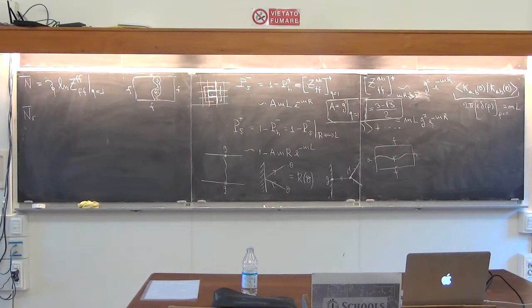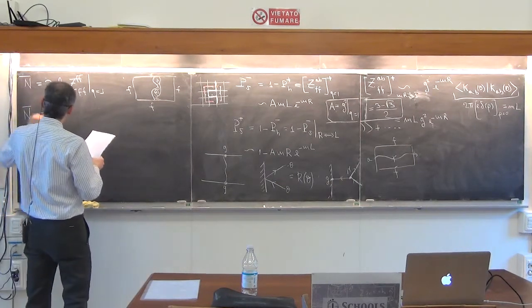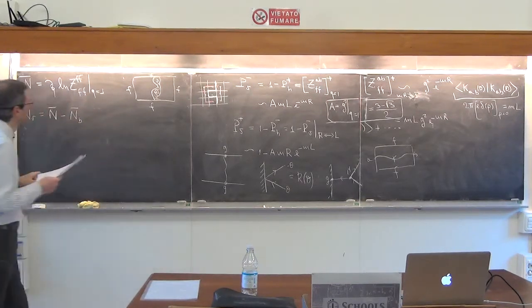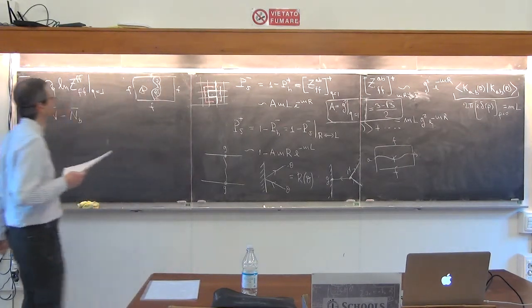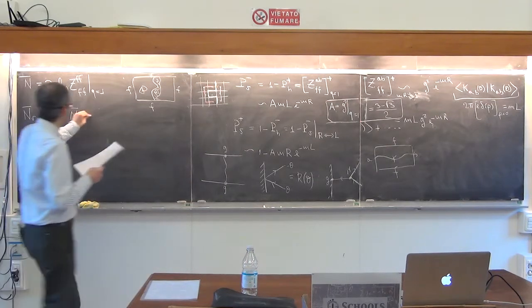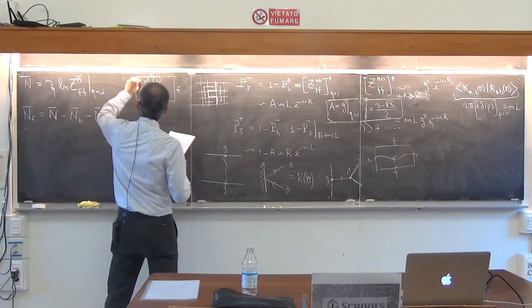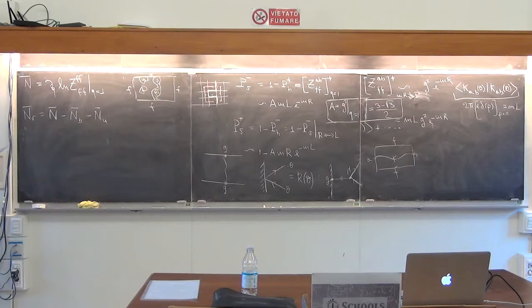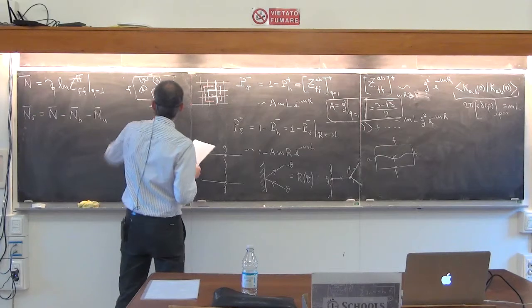This will be a subset, of course, of the total number, and this subset will be the total number minus, I have to subtract the number of clusters which live completely in the bulk, I call them V, but I also need to subtract the clusters which touch, say, the upper side, and also those which touch the lower side.